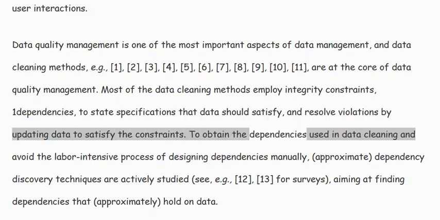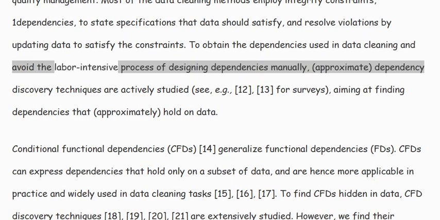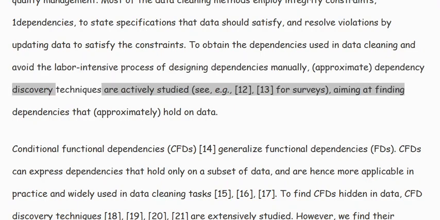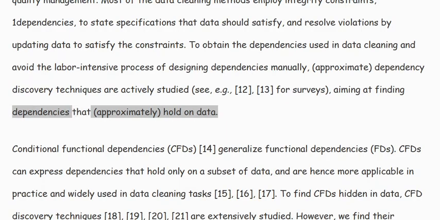To obtain the dependencies used in data cleaning and avoid the labor-intensive process of designing dependencies manually, approximate dependency discovery techniques are actively studied, e.g., [12, 13] for surveys, aiming at finding dependencies that, approximately, hold on data.